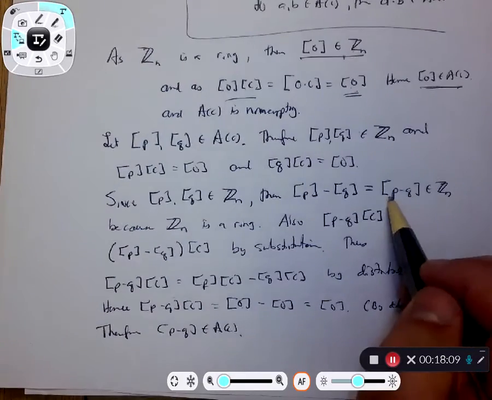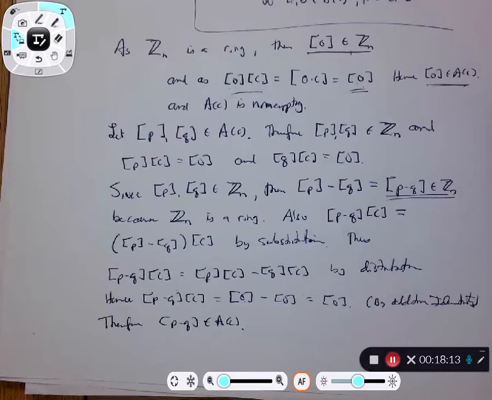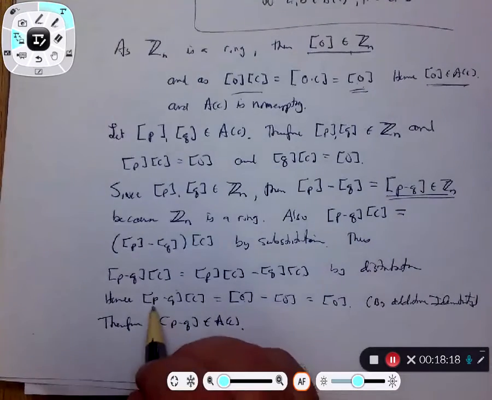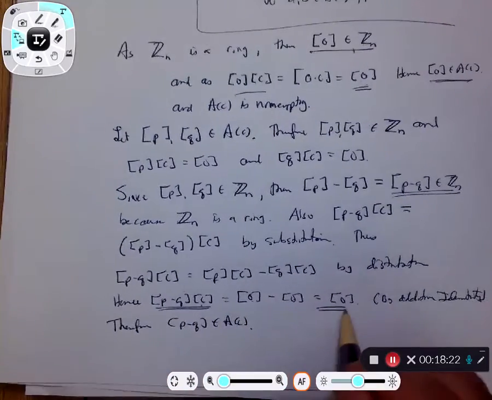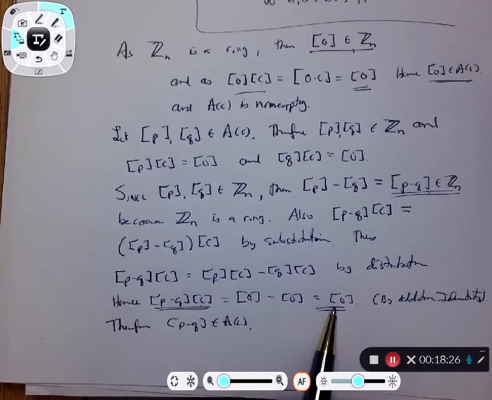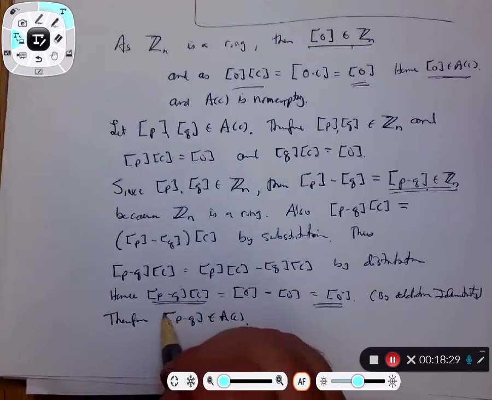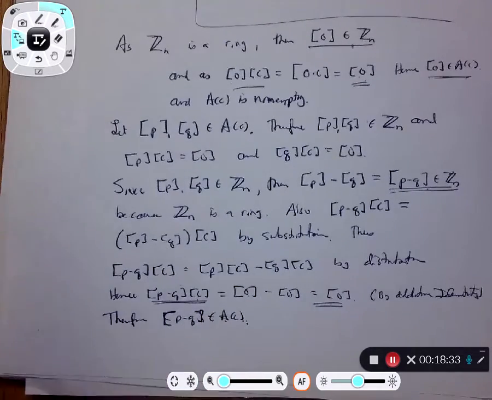P minus Q is an element of Zn. Also, the other part is P minus Q equivalence class times the 0 equivalence class is equal to 0. Where I come from and what property I have are satisfied, and that puts equivalence class P minus Q as an element of AC. Now you've got the third part of this thing.